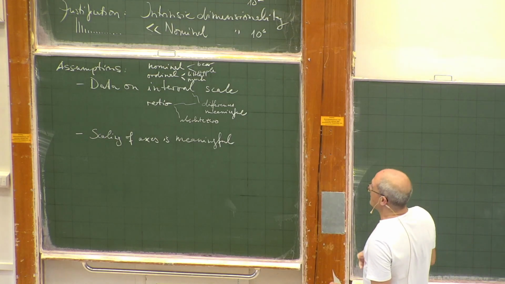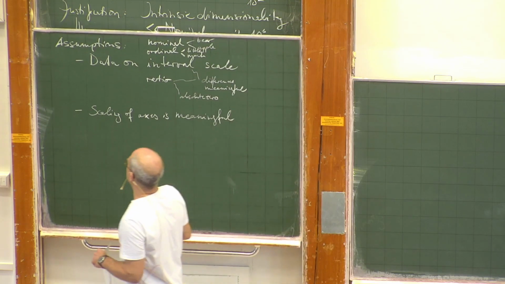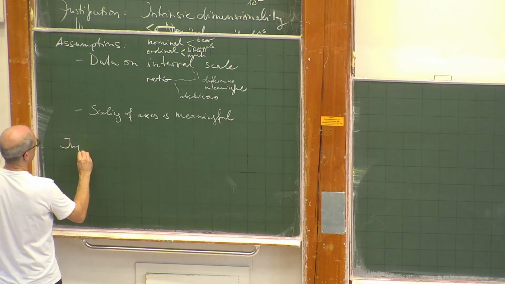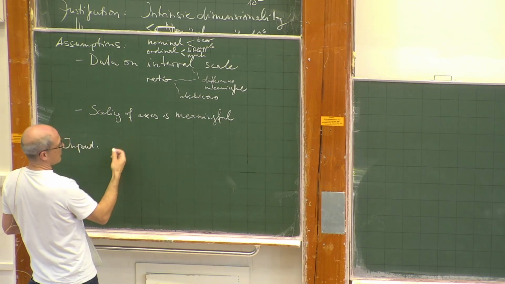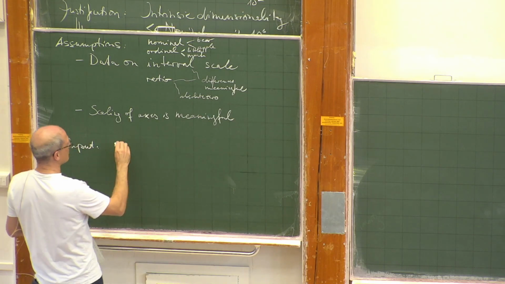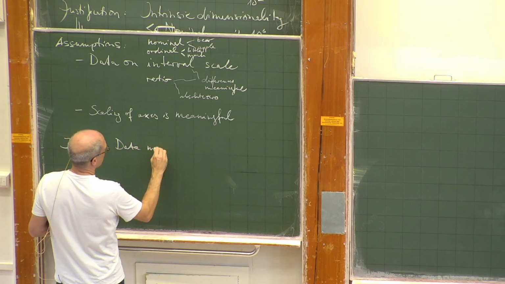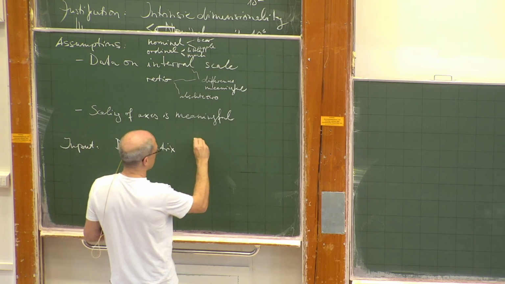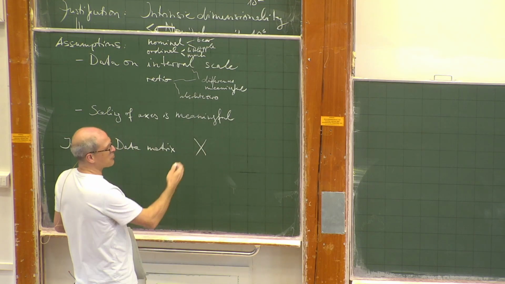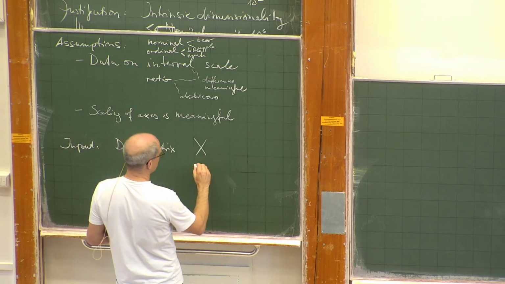Then what we need for PCA, let's say the input is a collection of observations, and usually we collect these here in a matrix. I'm usually just using capital letters for matrices and small letters for vectors.